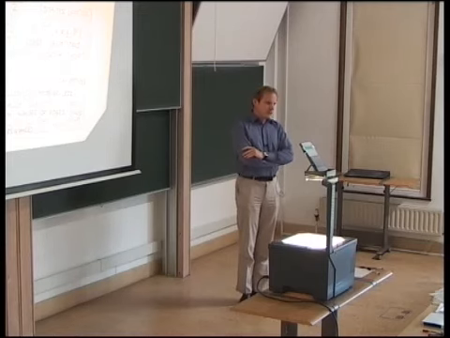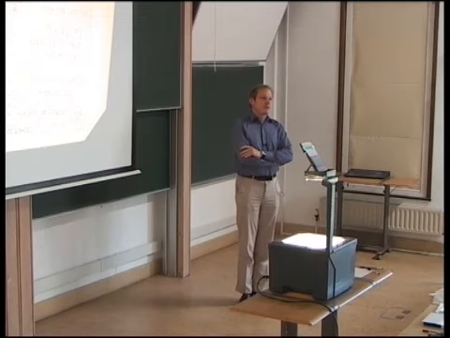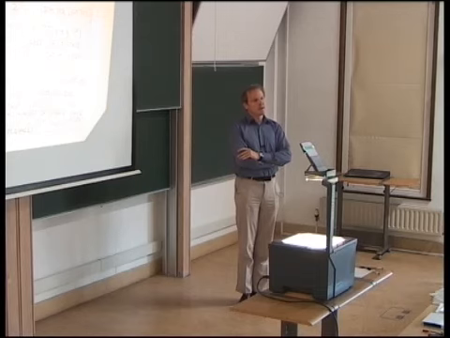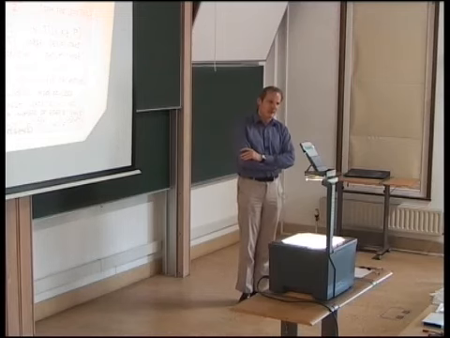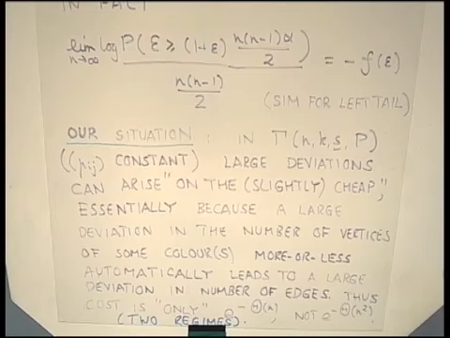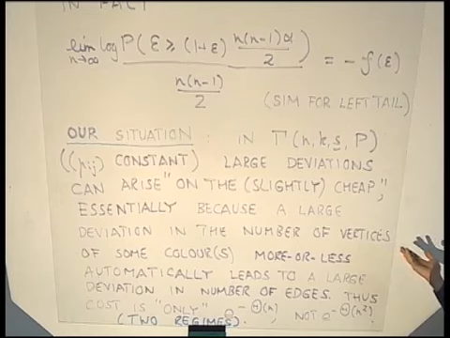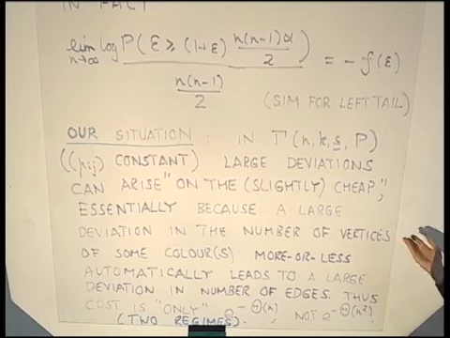But there's another way you could do it, which is, so to speak, comparatively cheap. If you were to get a large deviation in the number of vertices of some particular colour, which is with only probability exponentially small in n rather than exponentially small in n squared, is roughly the point, then, of course, more or less automatically from that, the far and away most likely behaviour, given that you've got that large deviation in the colours, will be for you to then get the implications of that, so to speak, on the edges.